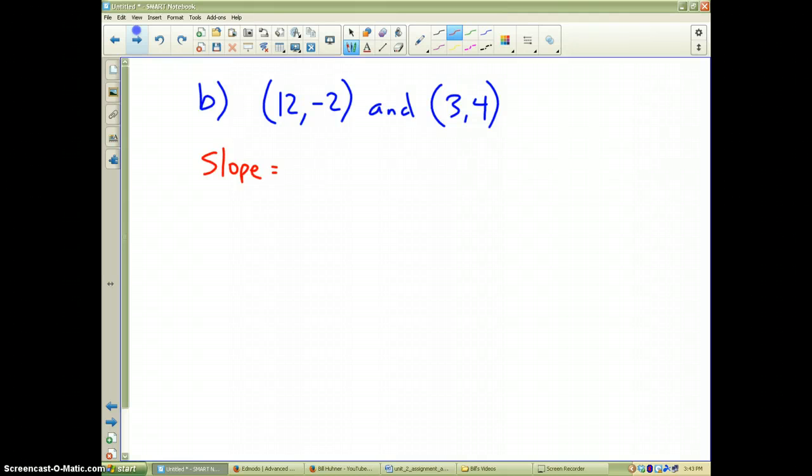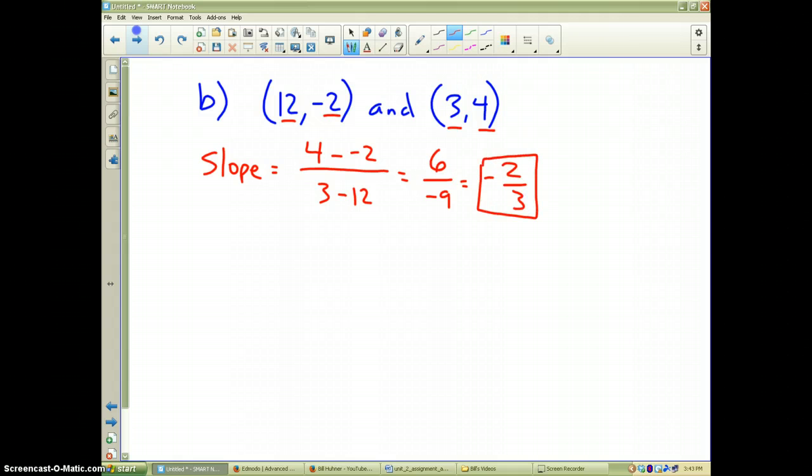Hopefully you found the slope first. Minus the y-coordinates, 4 minus negative 2 on top, minus the x-coordinates, 3 minus 12 on bottom. That turns out to be 6 over negative 9, which comes out to be negative 2/3, which is my slope or my m value.